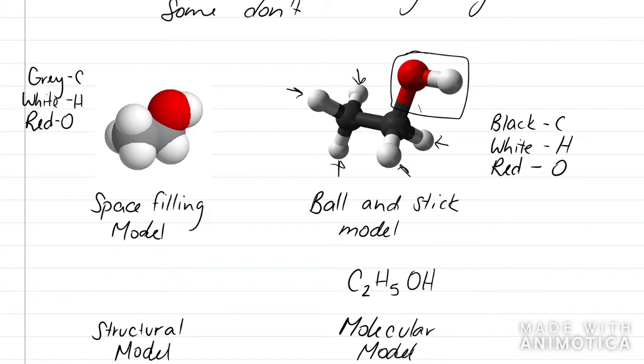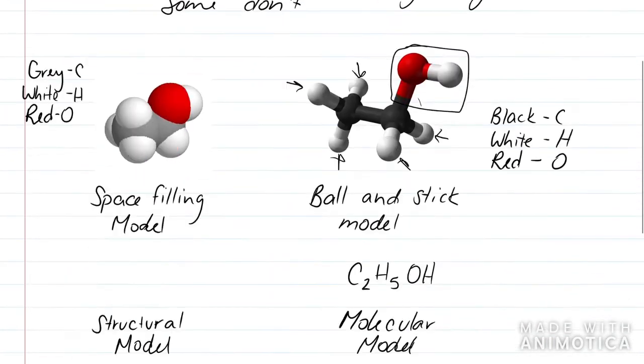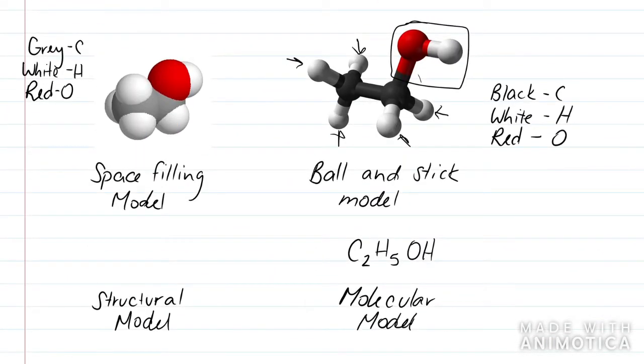Our structural model shows us a bit more. So the easiest way to start is, again, start with our central carbons. We have a carbon with one bond to another carbon. The one over here is attached to 3 hydrogens. So this is kind of like the Lewis compounds when we looked at covalent. We're going to show a line as a bond. So we have 3 hydrogens. And then on this one over here, we have 2 hydrogens.